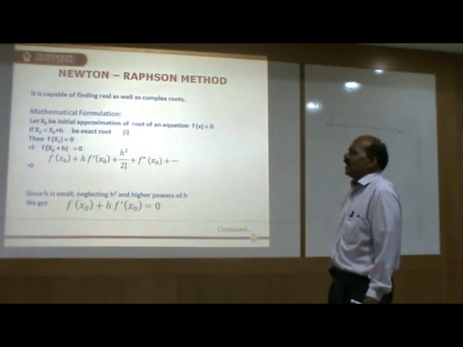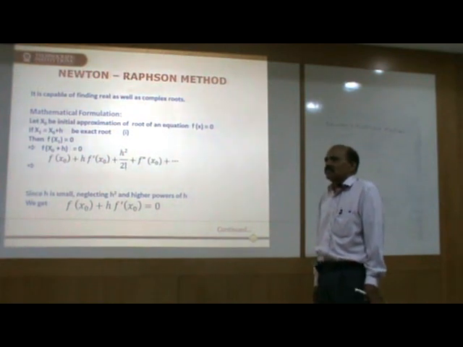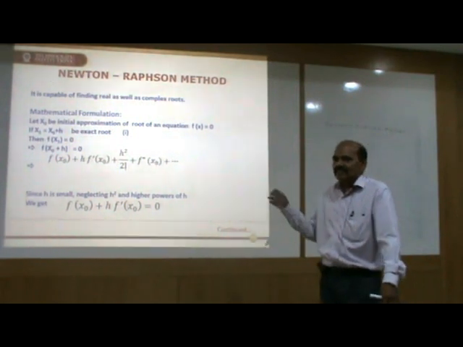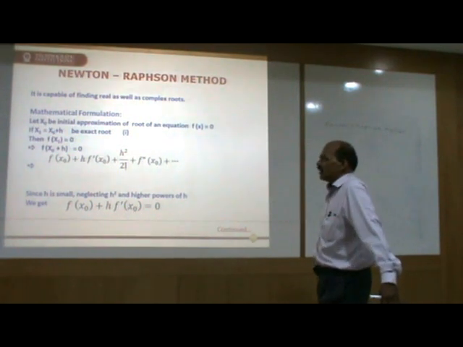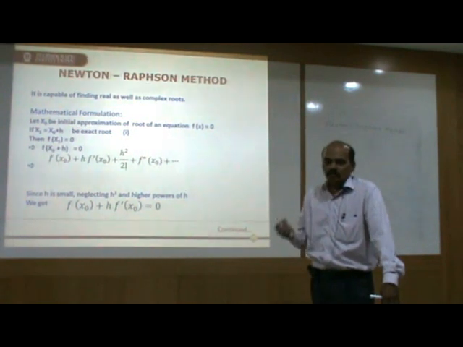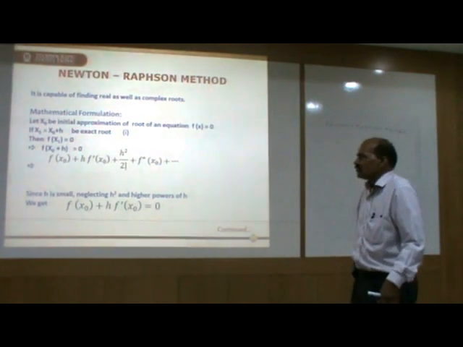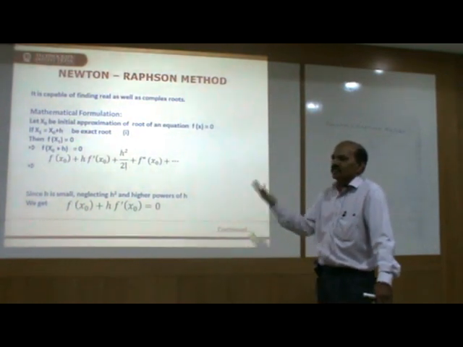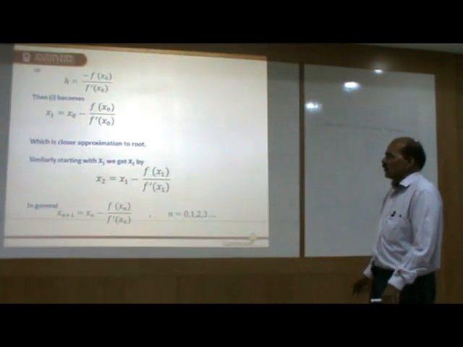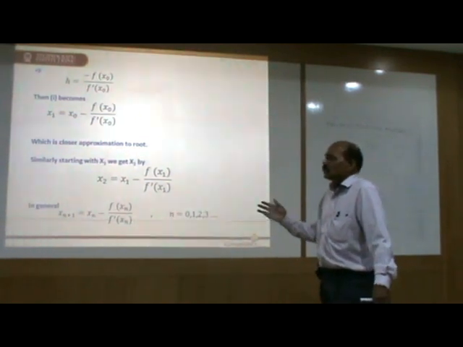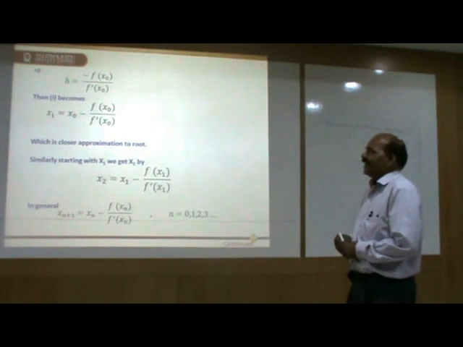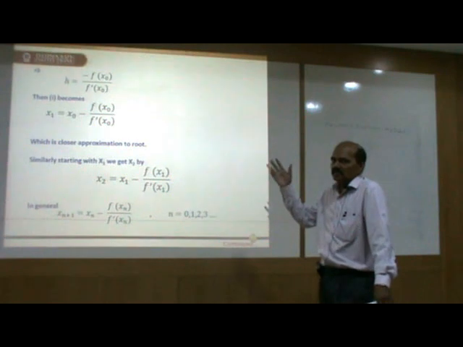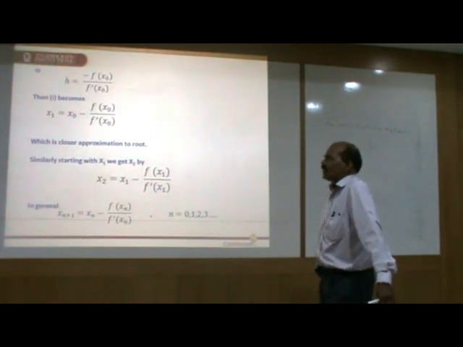So we will have f of x0 plus h f dash x0 plus h square upon 2 factorial f double dash x0. Since h is very small, we can neglect h square and higher powers, thus giving f of x0 plus h f dash x0 is equal to 0. From this we can calculate the value of h, and h is nothing but minus f of x0 upon f dash x0 as given in the PowerPoint presentation.